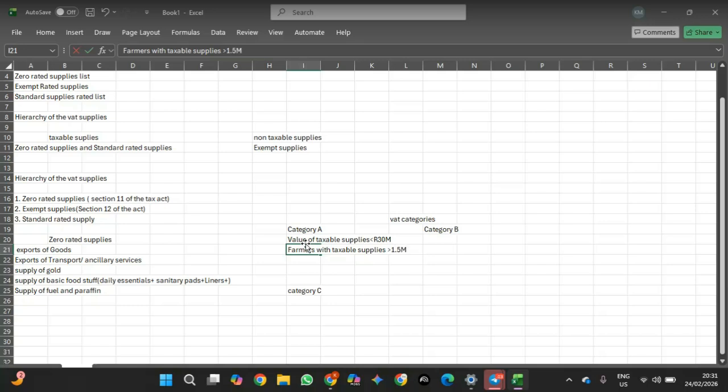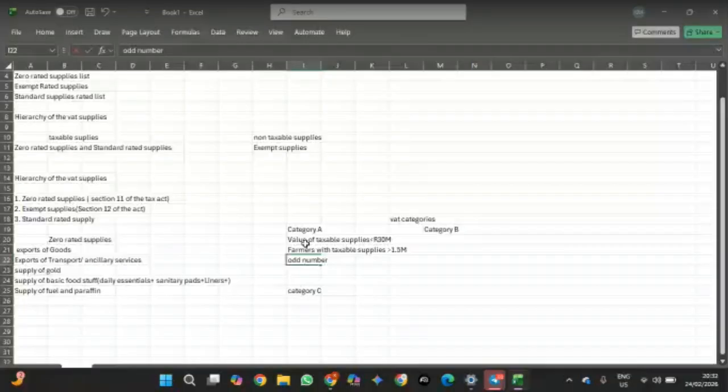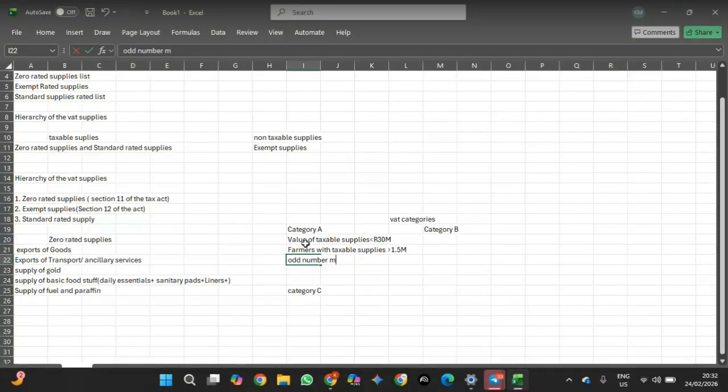And that's all you need to know. And then you have to remember that category A is what? Odd numbered months. Just remember this, odd numbered months. It's A, it's 1, it's an odd number.